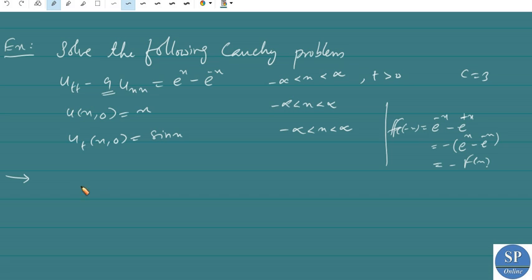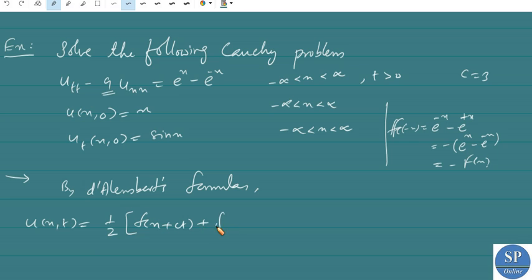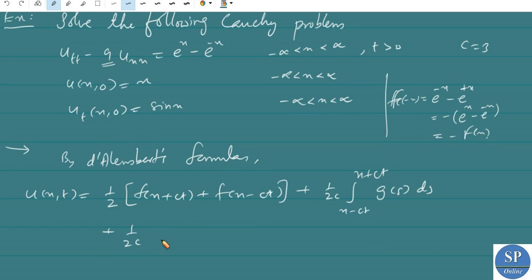So by D'Alembert's formula, we have the solution u of x comma t equal to 1 by 2 into f of x plus ct plus f of x minus ct, plus 1 by 2c into integral from x minus ct to x plus ct of g of s ds, plus 1 by 2c into double integral over delta, that is tau from 0 to t and zeta from x minus c into t minus tau to x plus c into t minus tau, of F of zeta, tau d zeta d tau.